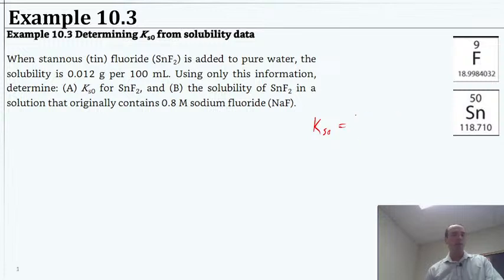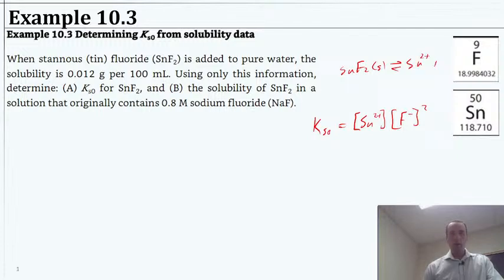So that's something we can do, knowing that our solubility product is going to be equal to the activity of Sn2+ multiplied by the activity of F- squared. We can solve using the activity, and we can do all those corrections, and the book will mention that, but I'm not going to trouble us with that at the moment. So we have Sn2+ multiplied by F-, and we have to square this term because the dissolution will be Sn2+ and 2 F-, right?